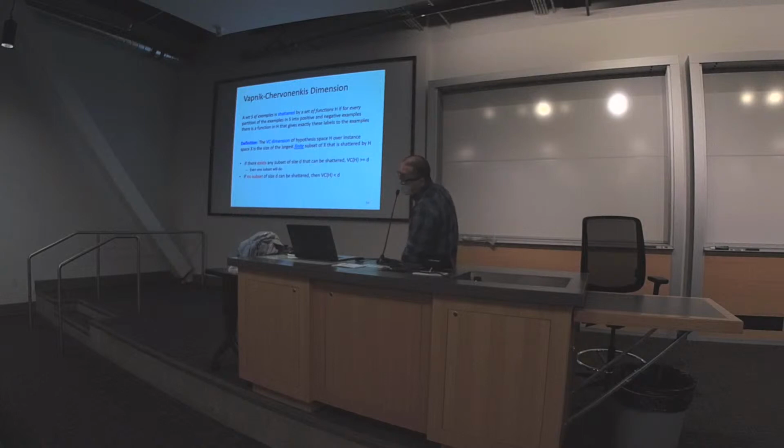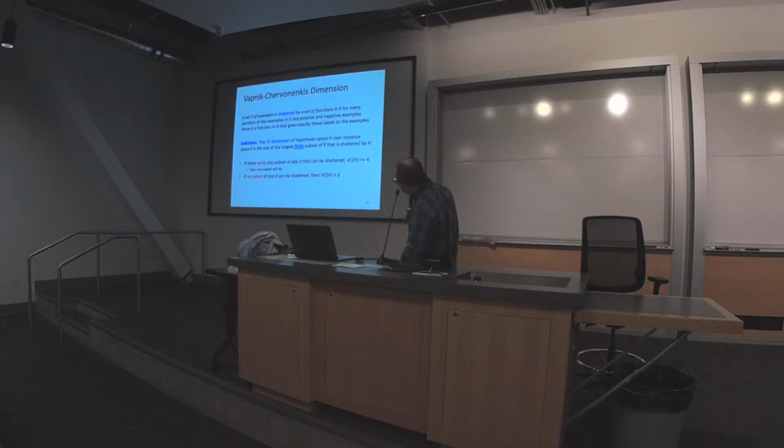So there are two key points inside this definition which people easily confuse. If there exists any subset of size D that can be shattered, then we claim that the VC dimension of your hypothesis space H is bigger than or equal to D. Just one subset. So don't get confused here.